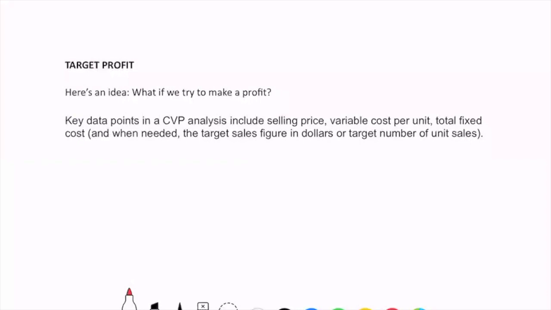With this, you can use key data points in the CVP analysis, including selling price, variable cost per unit, total fixed cost, and when needed, the target profit or the target number of units that you want to sell, and calculate that way to understand what you need to accomplish your goals.